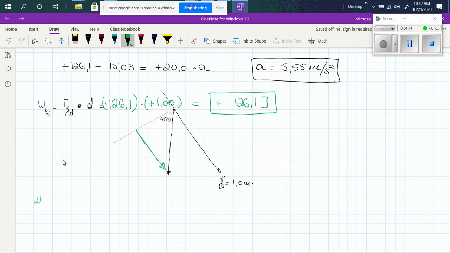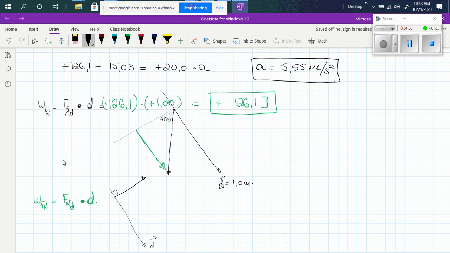Okay, the work done by force normal will be the component of force normal along the displacement times the displacement. And see what we have in this situation. So we have a displacement on this direction and a force normal perpendicular to the direction.